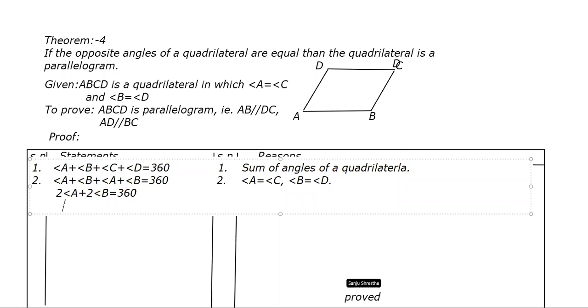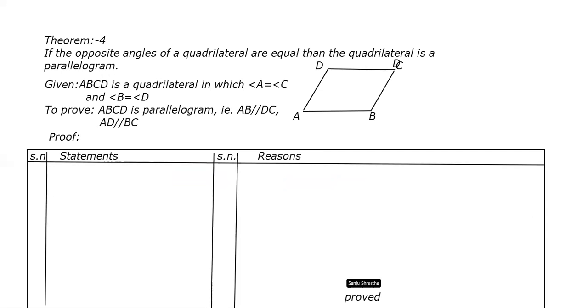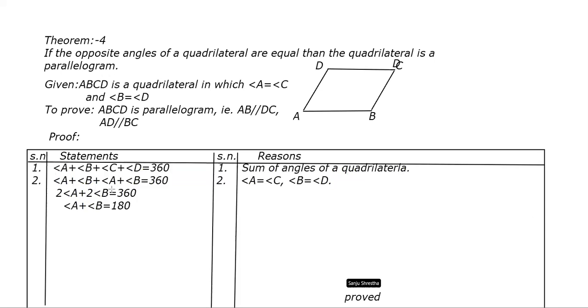Now 2 can be taken common, so A plus B is equal to 180.